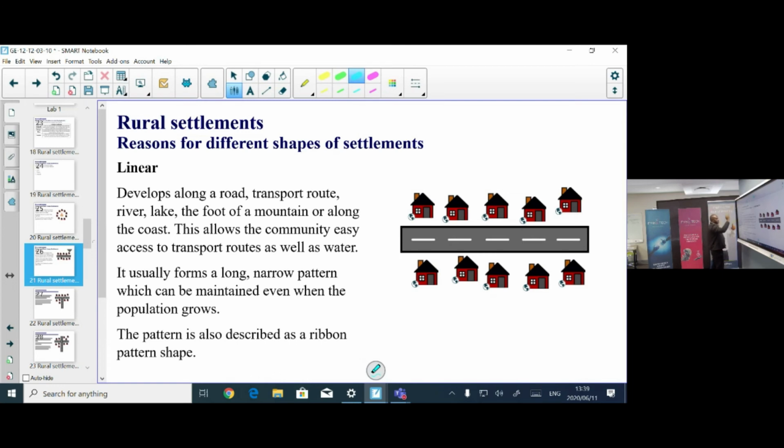So let's look at these points and try to highlight them. It develops along road, transport route, river, lake, foot of a mountain, or along the coast. And what does it do? It gives access to transport as well as water.